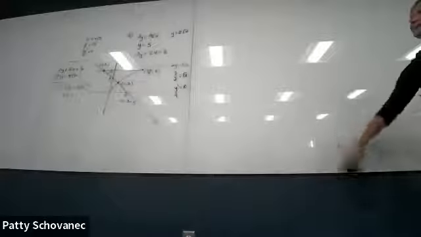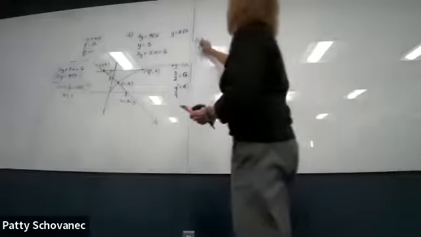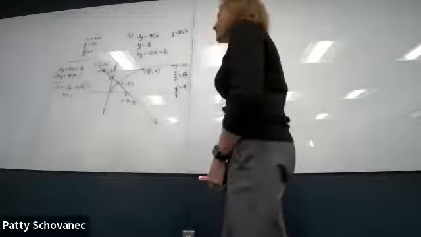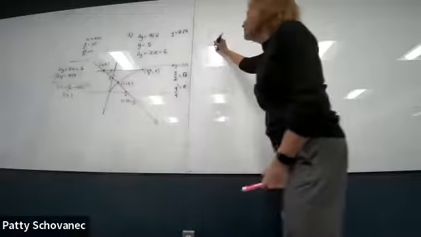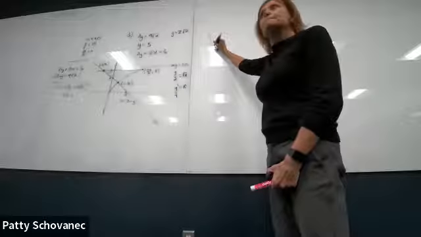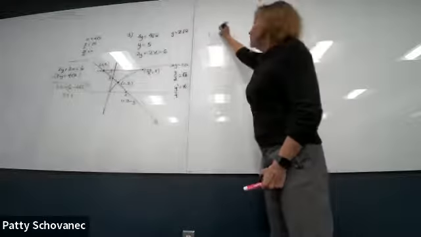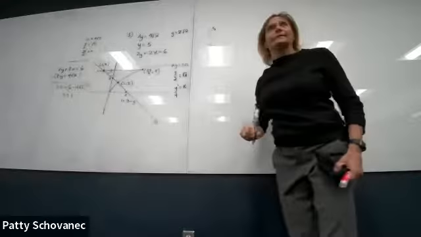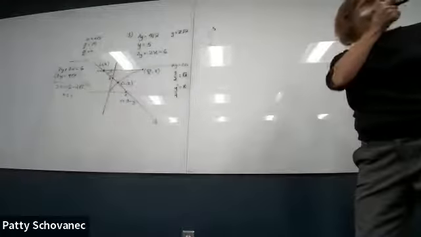So what I said was, we're going to integrate dy, so I'm going to get y values. What's the y value I'm going to put here? Bottom y, top y.